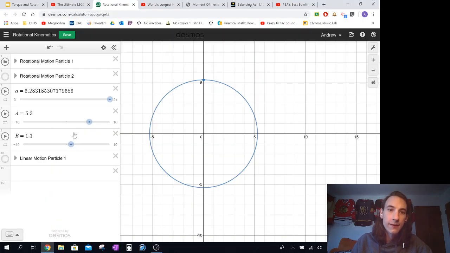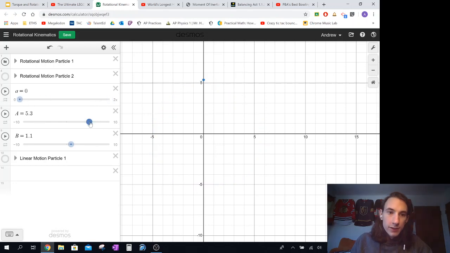So let's look at this. We can change up our radius. Here would be like 0 radius. Let's start with a little circle with a radius of 1. I want both of them going at the same time.